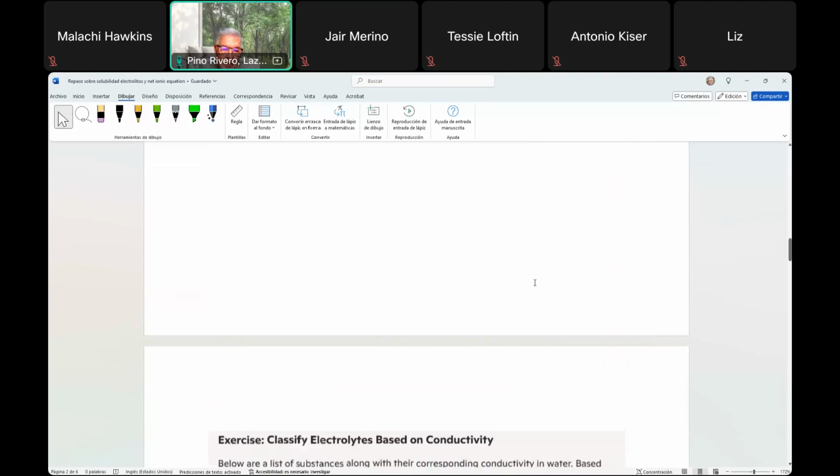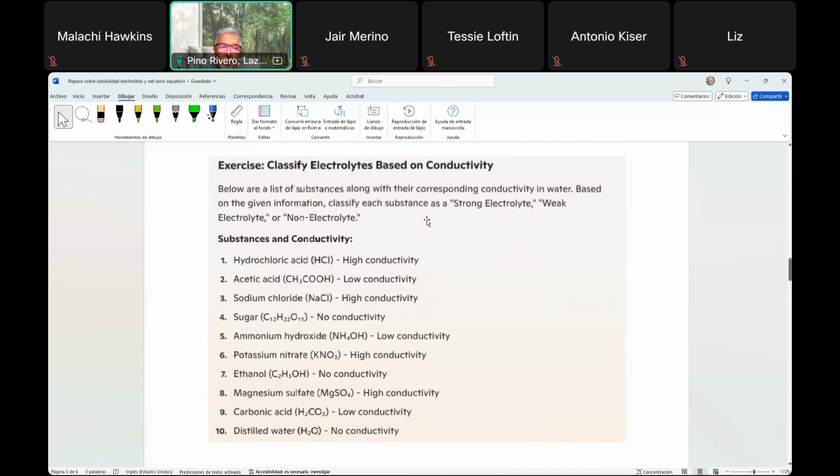Let's go down. The other part, well, conductivity. When the substances have high conductivity, look, this one, this one, this one, this one.